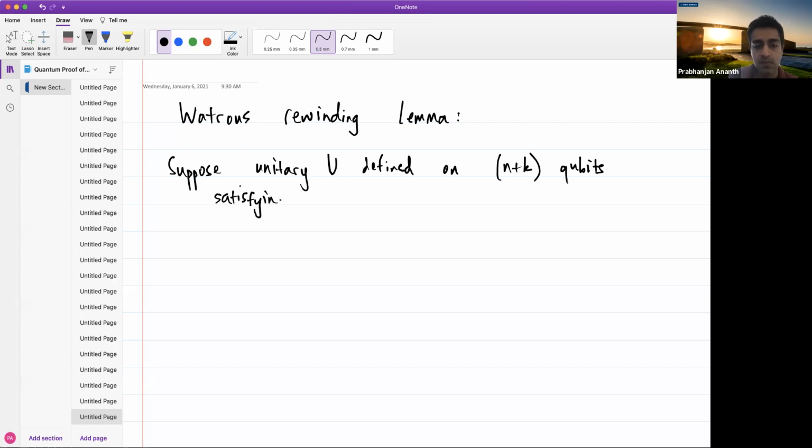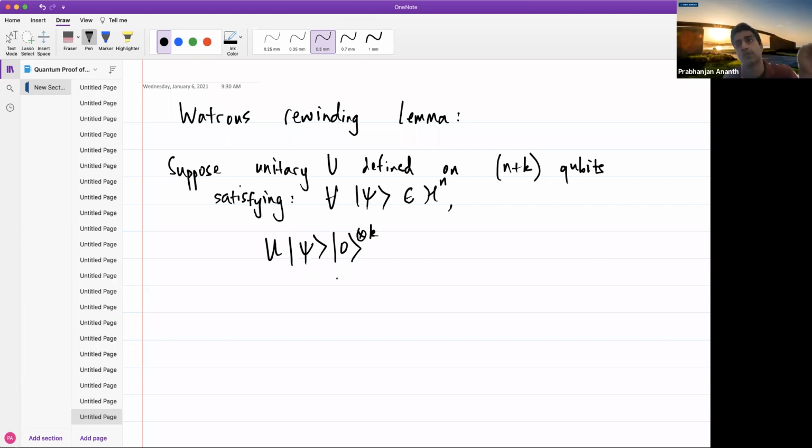Let H be a Hilbert space. For all n-qubit states psi, the following holds. If you apply unitary U on psi and 0, where in the last k qubits you just store zeros, you get something of the following form. I'm going to state the exact version and then talk about the approximate version later.